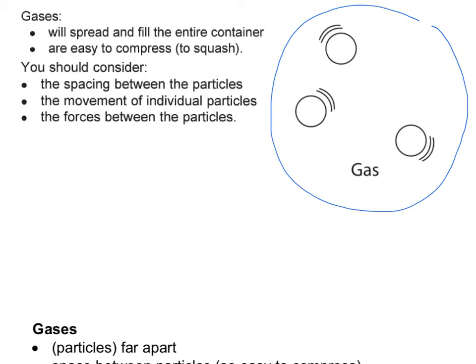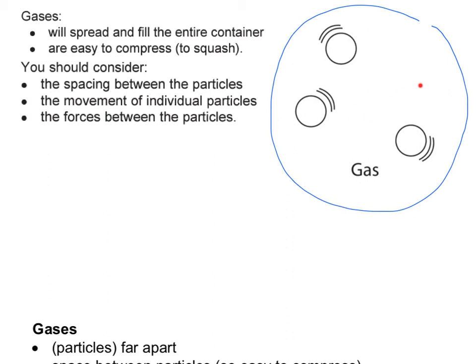You can see that the gases have got large spaces between them, the particles are free to move around and they've got high energy, they move a lot faster than solids, and the reason for that is there are very few forces or no forces of attraction between the particles, they're just free to move and do their own thing.